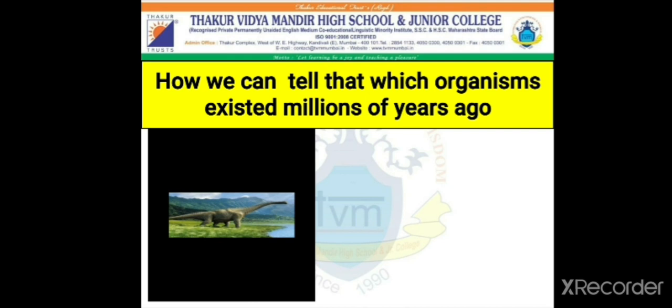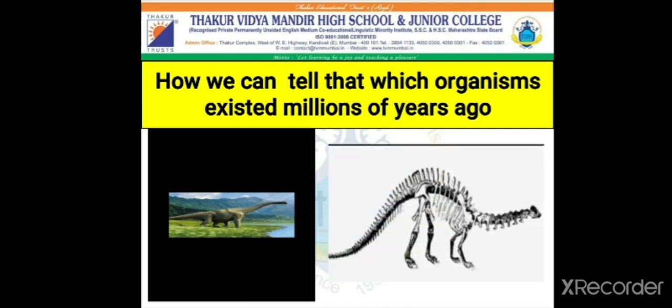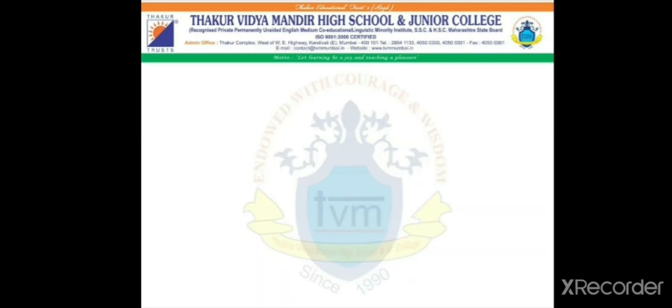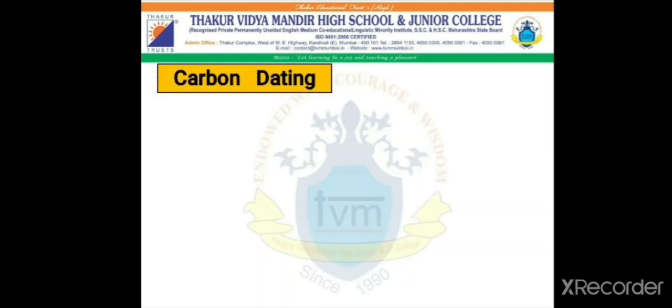The reason is, from their dead bodies, that is from the skeleton, we can find out when that particular organism lived. And using this knowledge, we can predict exactly how many years ago this organism was found. This particular process is called carbon dating.